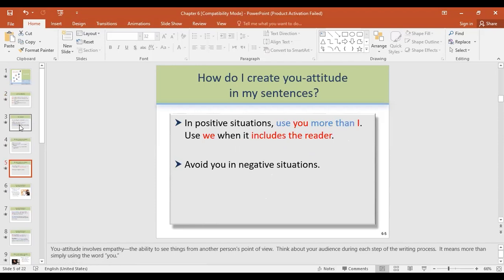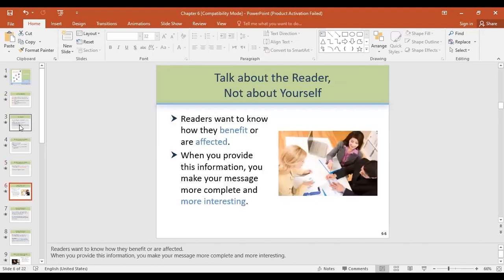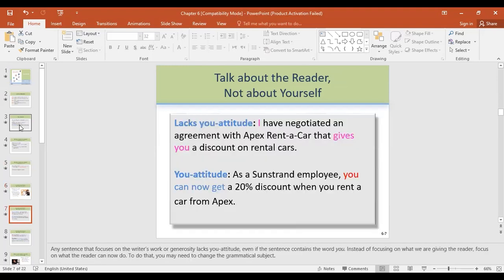For example, use you more than I in the whole text. Talk about the reader, not about yourself. This is very important because readers want to know how they benefit. As I said, they don't care about your emotions or your feelings. When you provide information, make your message complete and interesting for the readers.